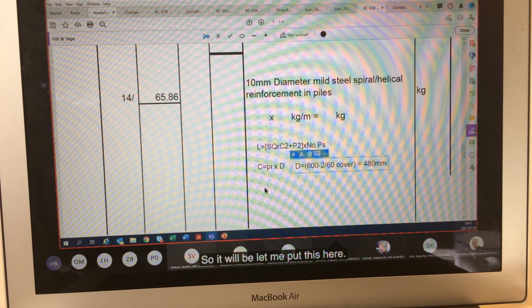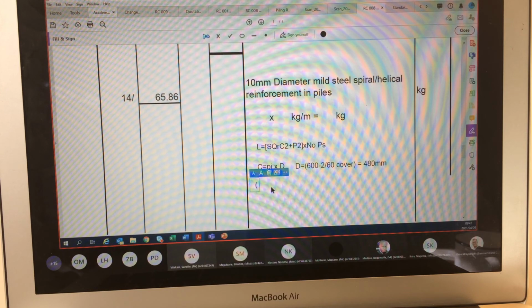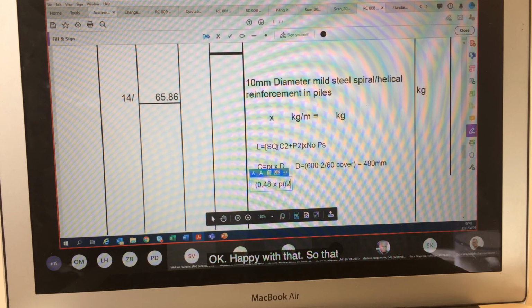So that will be 0.48 multiplied by pi, squared, and the square root of that. That will be C. Okay, happy with that? So that goes in there.